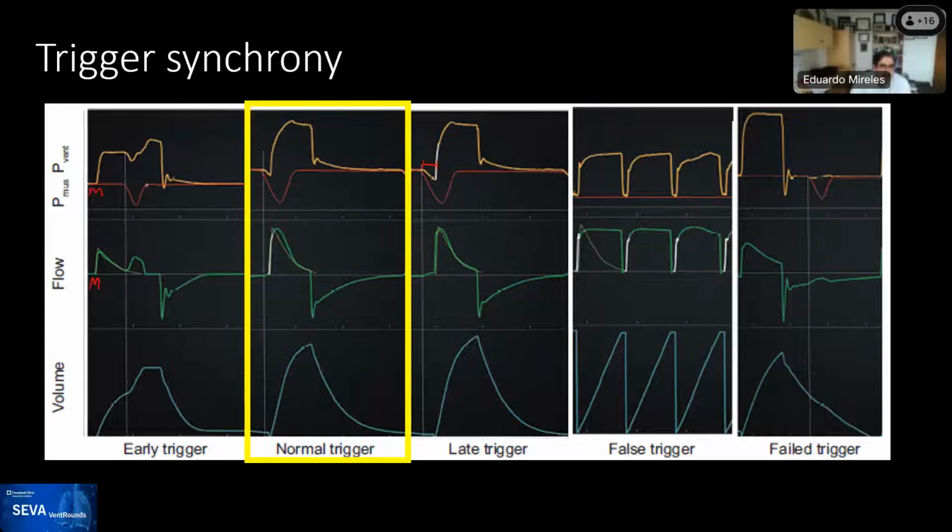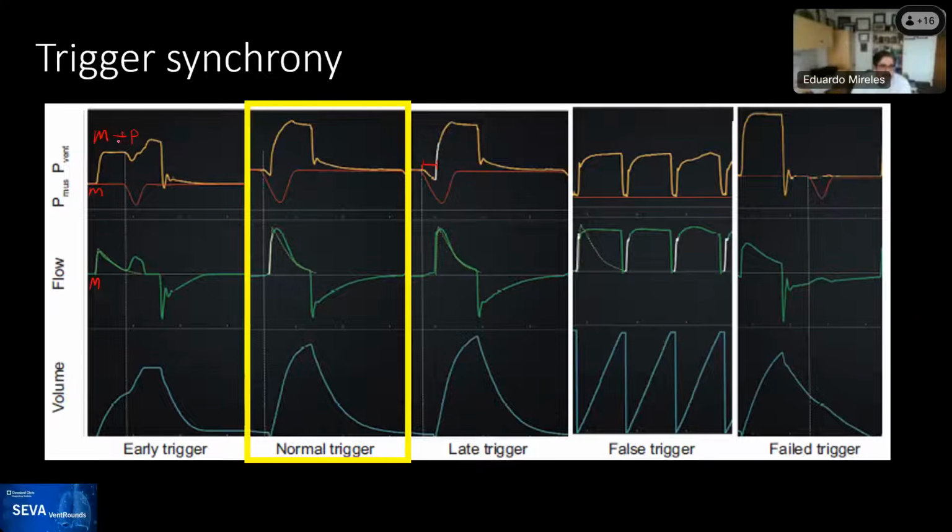So for early trigger, the ventilator triggers and then the patient. Here you have patient activity from the get-go, and then the ventilator triggers, with a delay after the patient activity. So this early and late classification will help you.